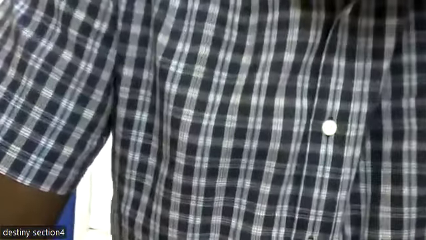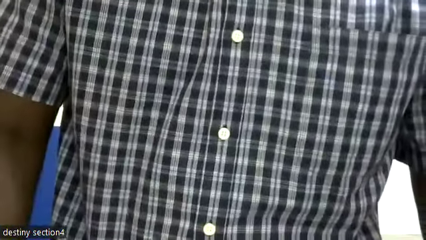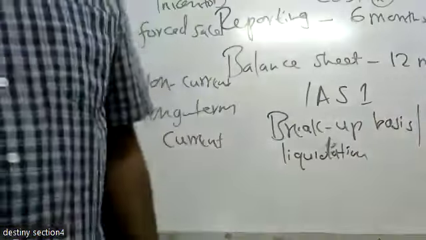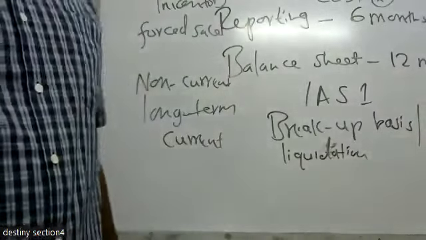September 2021, question 2B. Explain the role of support or comfort letters as evidence in the audit of group financial statements.